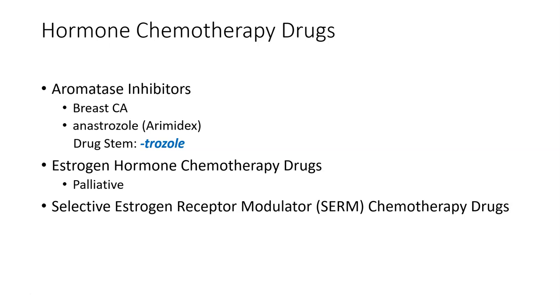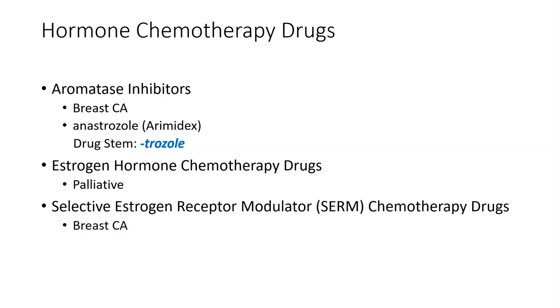Then we have our SERMs. The selective estrogen receptor modulator chemotherapy drugs are going to bind to and block, sometimes even destroy, estrogen receptors on the surface of an ER-positive, or estrogen receptor-positive, breast cancer cell. The cancer cells are normally stimulated by estrogen, but without estrogen, the breast cancer cells can't grow.